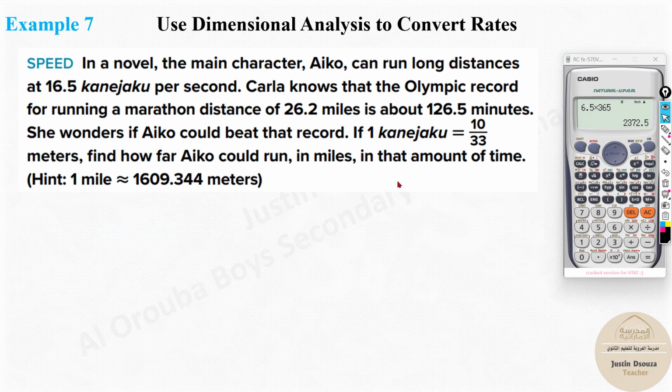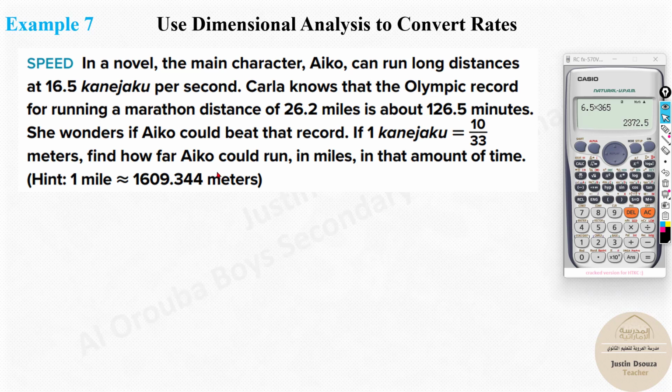Okay, we have another problem here using dimensional analysis. In the novel, the main character Aiko can run long distances at 16.5 kanejako per second. It's a different unit of measure. Now here, Carla knows that the Olympic record for running marathon distance of 26.2 miles is about 126.5 minutes.